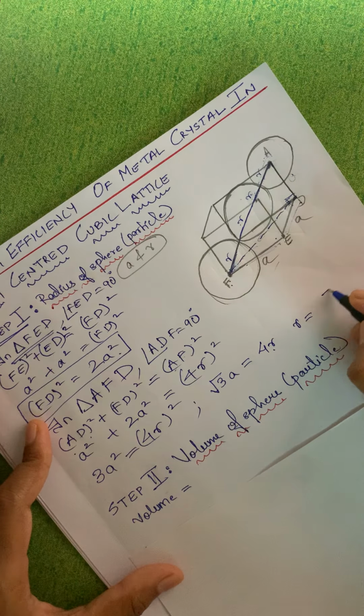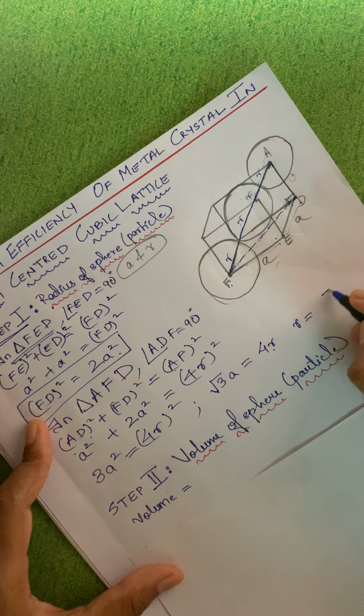Packing efficiency, step 4. I have written the formula. Hopefully you have learnt this. Volume occupied by particles in unit cell upon total volume of unit cell multiplied by 100. So volume occupied I'll get from the above step. That is root 3 into pi into a cube upon 8. Total volume of unit cell is a cube, into 100. So this a cube and a cube will get cancelled.